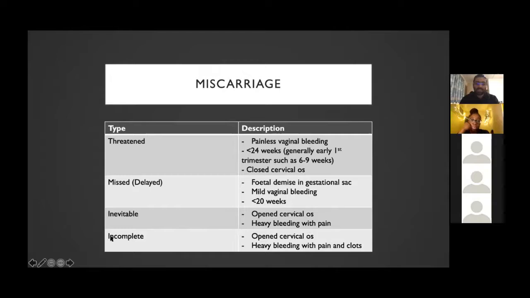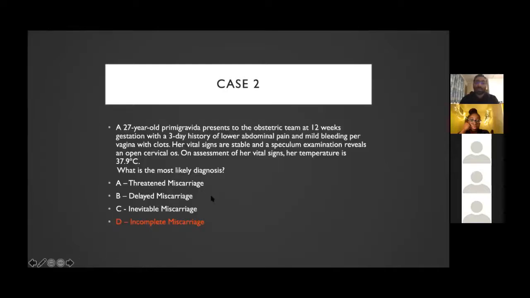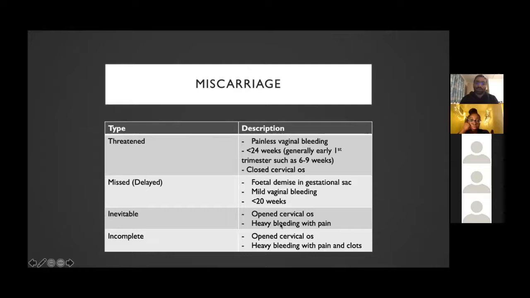But what distinguishes it from the key one, which is the inevitable miscarriage, is that there's the presence of clots. So the presence of clots shows that they're starting to pass the products of conception. And because of that, you'd think it's an incomplete miscarriage because not all has passed. An inevitable miscarriage would only be a heavy bleeding with pain and no evidence of clots.